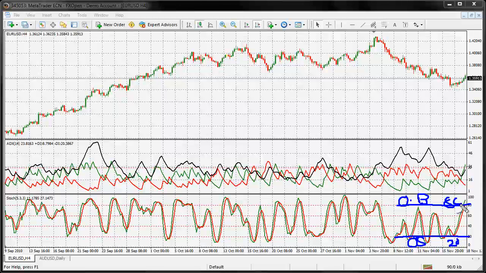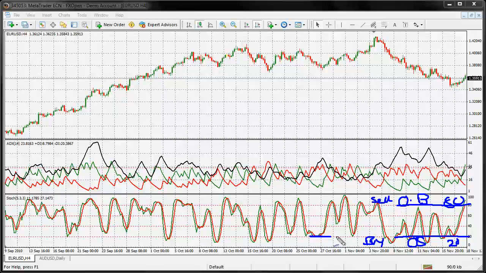Now you can also sell off the 80 level and buy off the 20 level, but it's not really recommended. You need to find a midway point where the trade has actually gone in a significant direction one way or the other. So for instance, here we're on the 20 line, which is an oversold area, and we're looking for buying opportunities, and for overbought areas we're looking for sell opportunities.